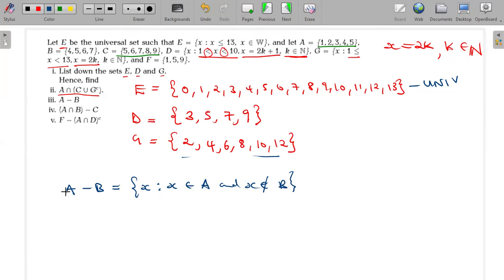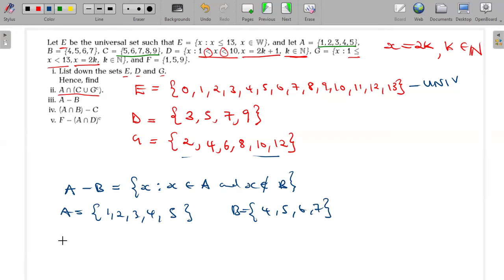So how do we get these elements? We just need our set A and our set B. Set A is 1, 2, 3, 4, and 5. And my set B is 4, 5, 6, and 7.